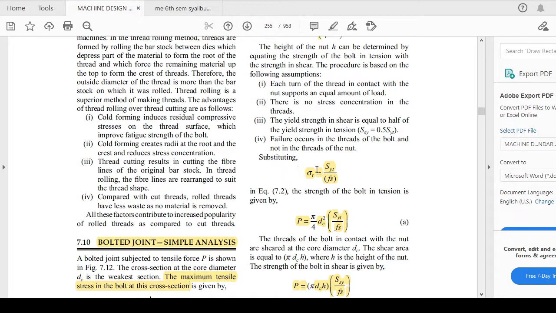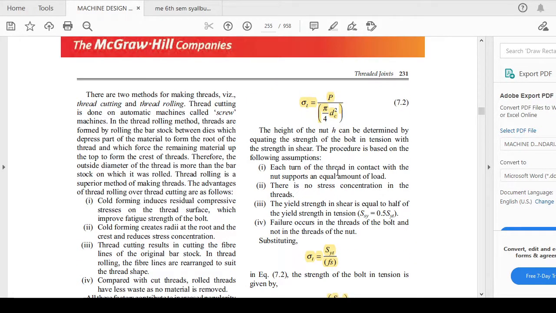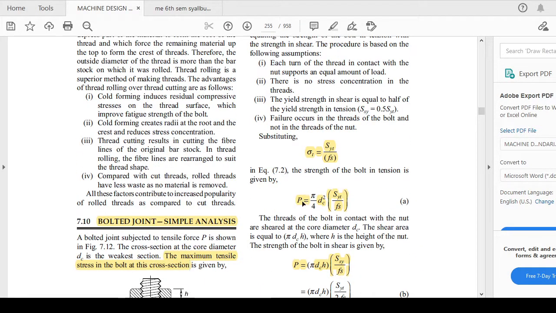You can also use sigma T equals S_ut, the ultimate tensile strength, divided by the factor of safety Fs, which depends on your material. Equating the two, you get P equals pi by 4 DC square times S_ut by Fs.